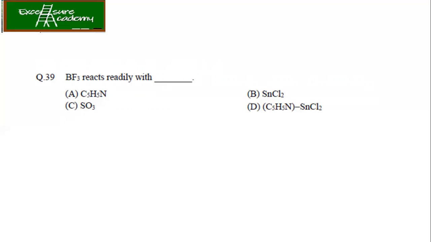Such donors will be pyridine or the stannous chloride complex. So it will react more readily with C5H5N or SnCl2. So options A and D are the correct answer over here.